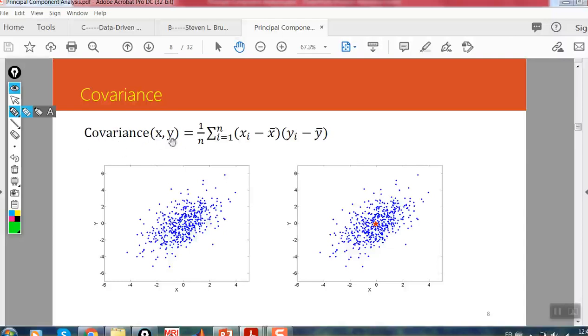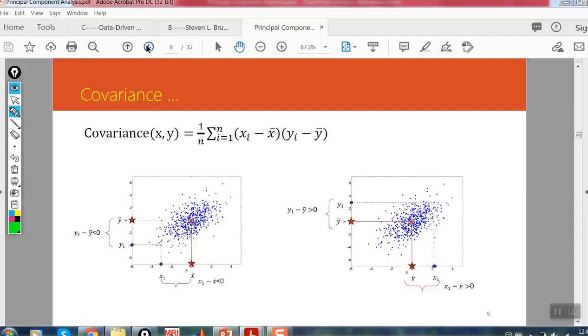Then according to this equation, which you can also see here, you can calculate the distance of each data point in the projection on the x direction and y direction.